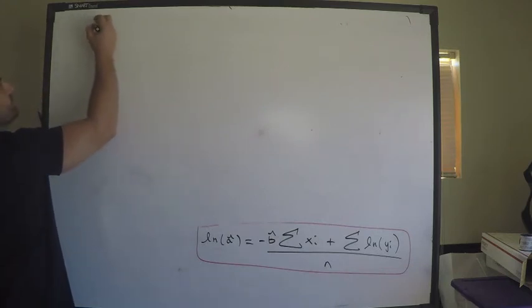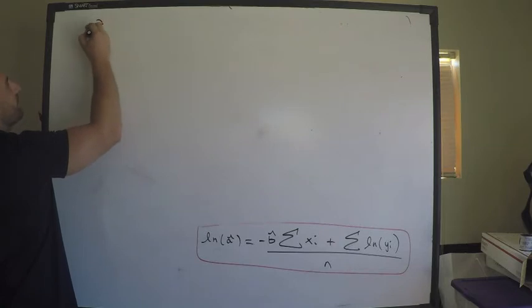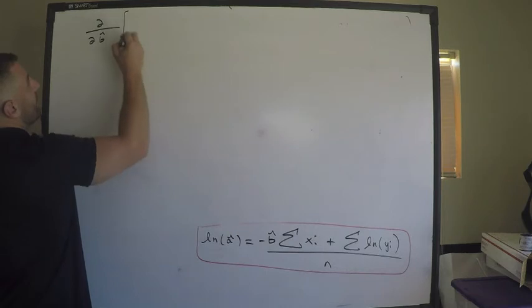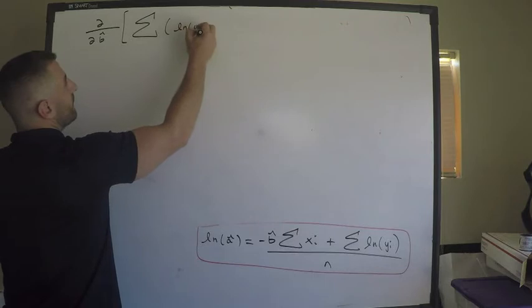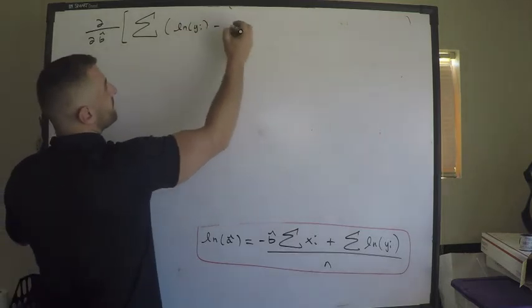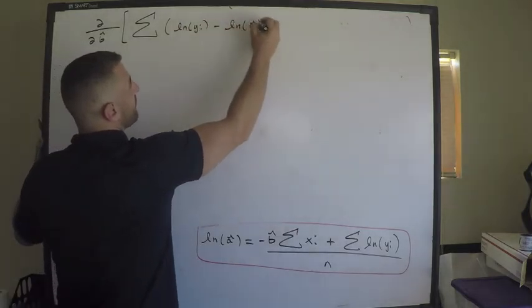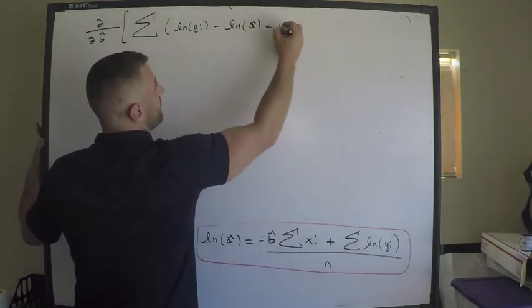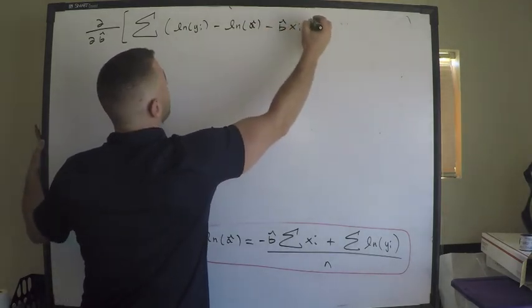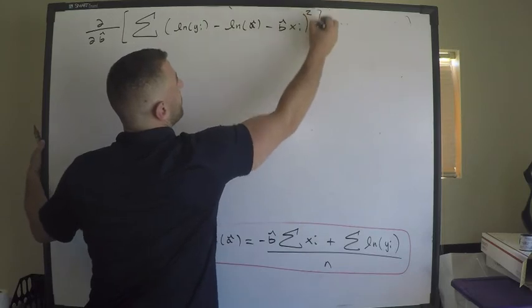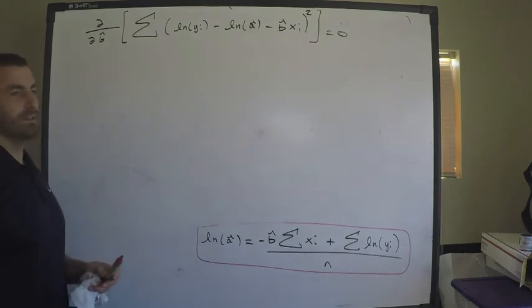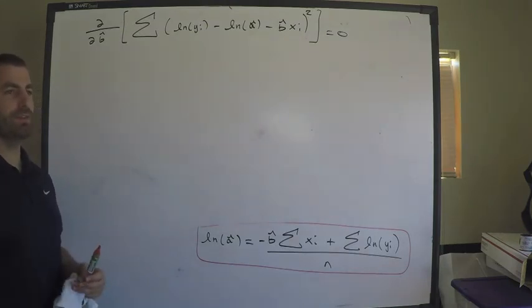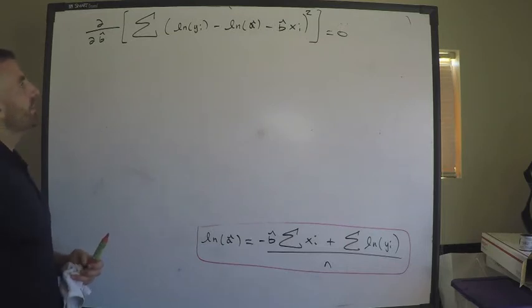We're looking to solve the following, the partial with respect to b hat of the sum, and then I have my ln of yi minus ln of a hat minus b hat xi quantity squared equals 0. This is the equation I need to differentiate. I need to set the derivative equal to 0, right? Let's go ahead and do that.